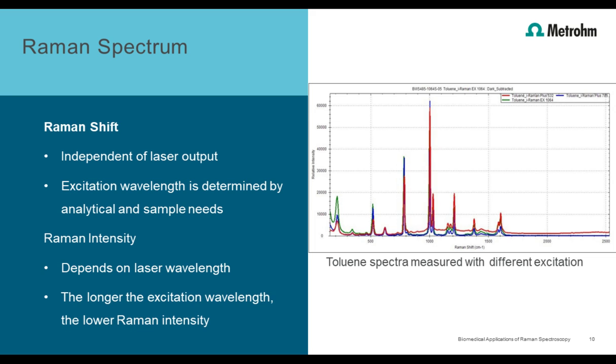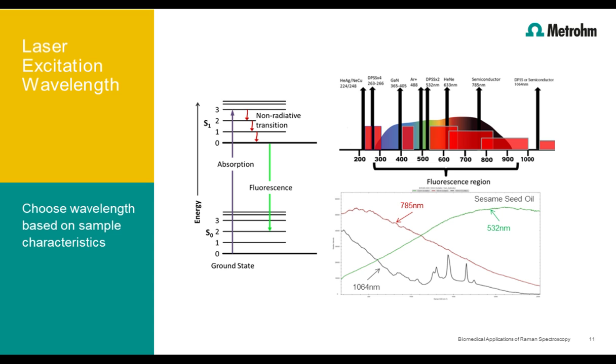Because of that, you might think that we should always use really high energy lasers so we can get really good Raman signal all the time. But one caveat here is that if we do use a higher energy laser, it's possible that that could cause some fluorescence issues for us in our Raman spectra.